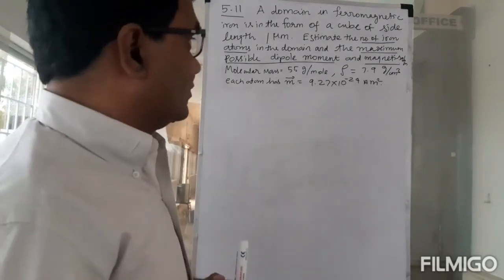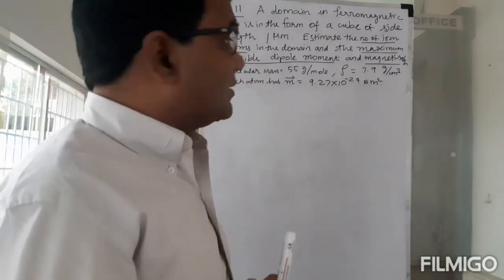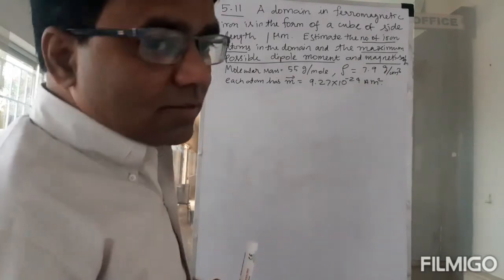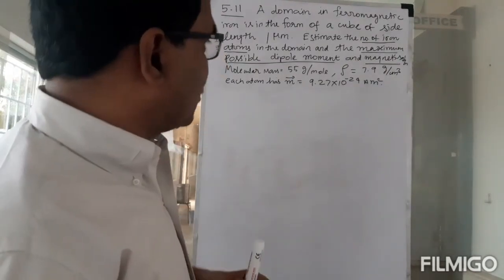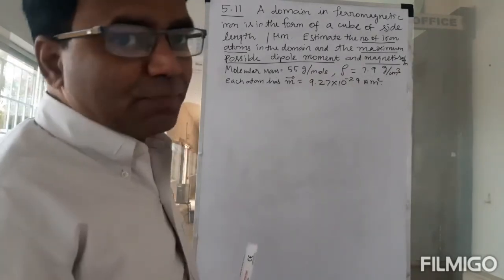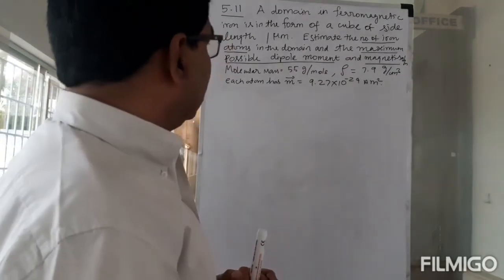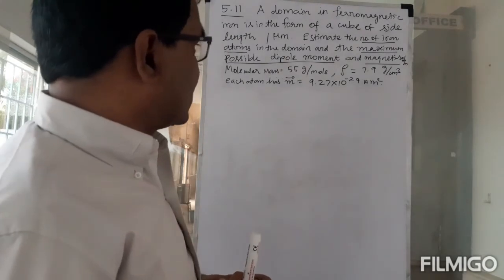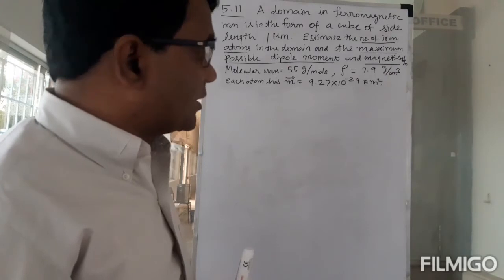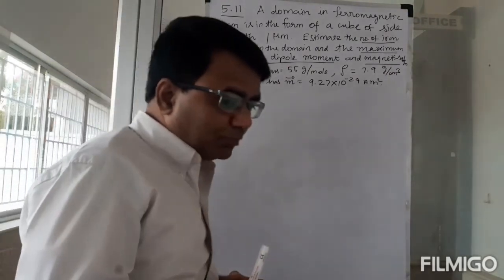That's the question. The given data are the molecular mass of iron is 55 grams per mole, the density of iron is 7.9 grams per centimeter cube, and each atom has a dipole moment of 9.27 times 10 power minus 24 ampere meter squared.